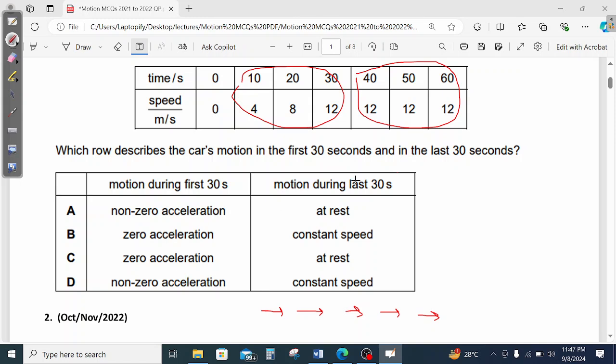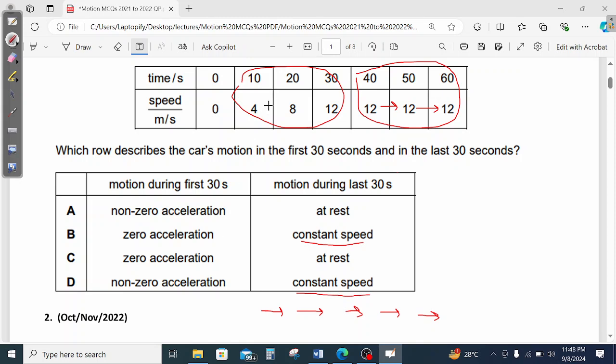So look at that. First of all, you have to check the last 30 seconds, in which the speed of your car is still at 12 meter per second. It means the body is moving with constant speed in the last 30 seconds. So we have two options here that are related to constant speed. You have to check this first column, which one is correct now.